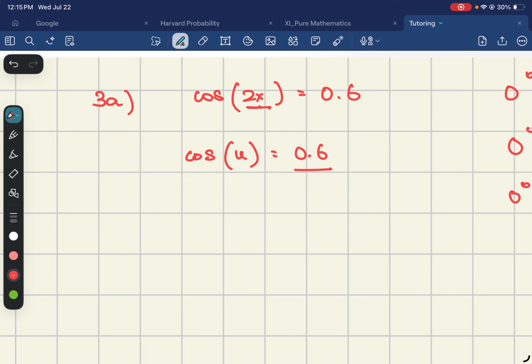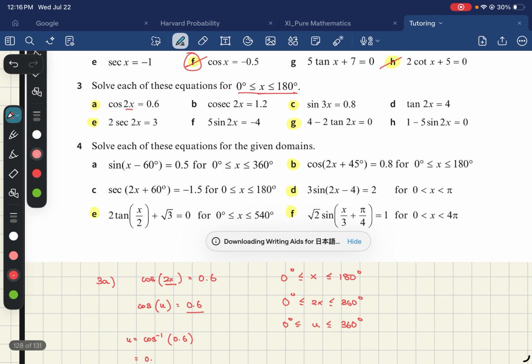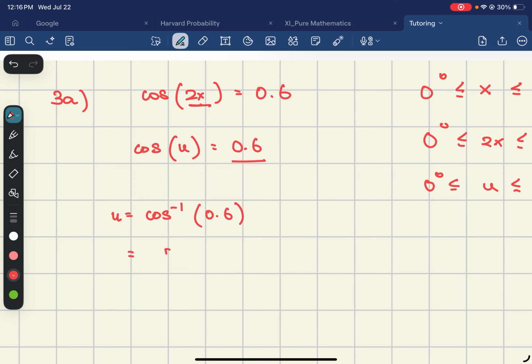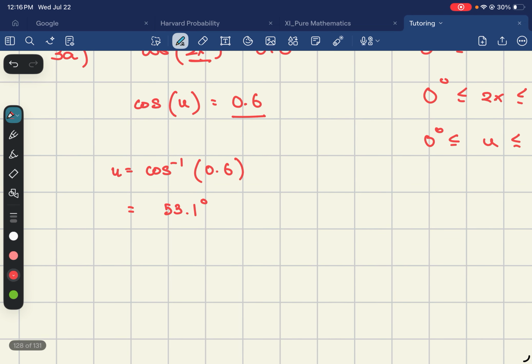So cosine of something is positive. If you take the cosine inverse, then you get your acute angle that is in the first quadrant. We're working with degrees now, so I want to switch my calculator back to degree mode. Cosine inverse of 0.6, we get 53.1 to 1 decimal place, 53.1 degrees. And how do you get your other angle?